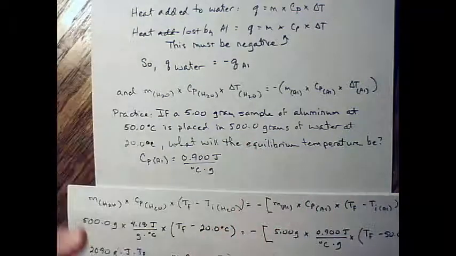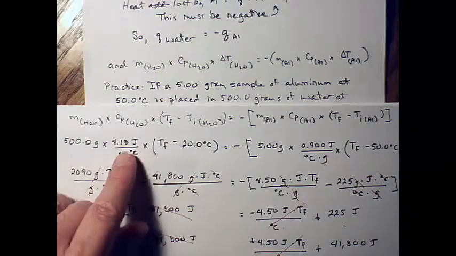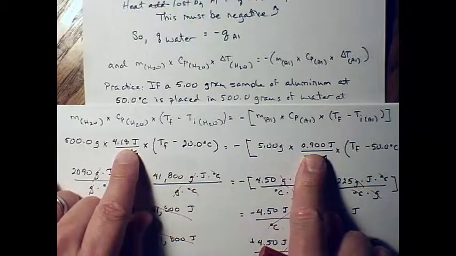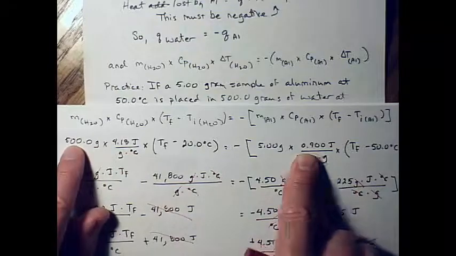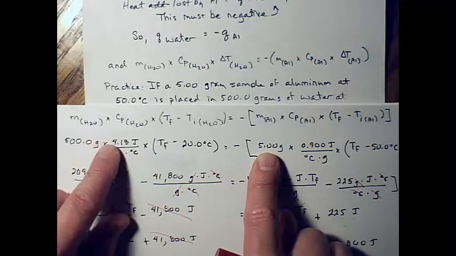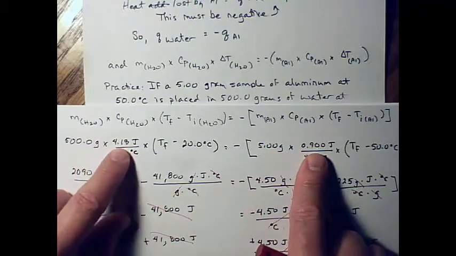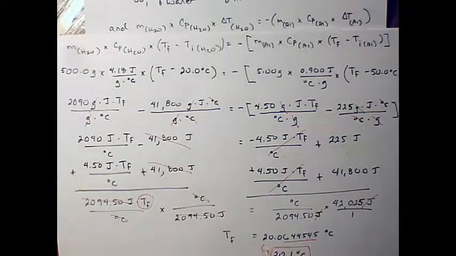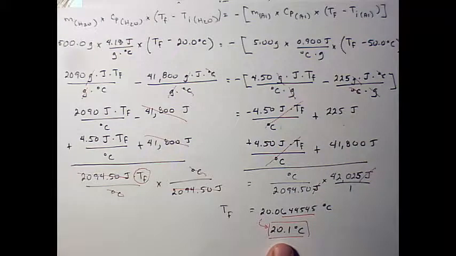Also, water has a much higher heat capacity. Look at this. Almost 5 times the heat capacity of aluminum. So both of those, the amount of water over the amount of aluminum and the specific heat being 5 times higher, means the temperature should be a lot closer to the original temperature of water, and indeed it is. Does that make sense? The water temperature is not going to go up very much.